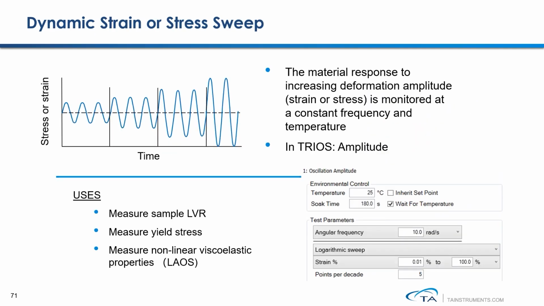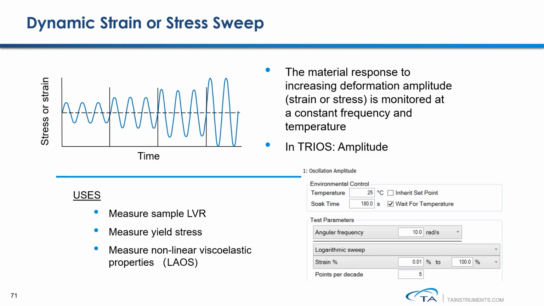The first oscillation test method we're discussing here is the dynamic strain sweep test. If you are a Discovery Hybrid rheometer user, you can also program a dynamic stress sweep. Both strain sweep and stress sweep will give you identical results. A dynamic strain sweep test is an isothermal oscillatory test.